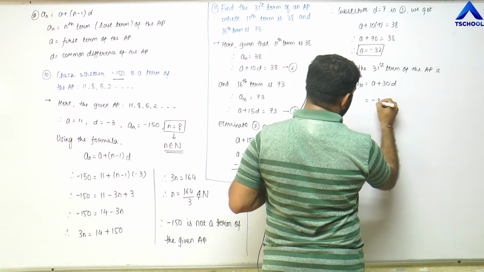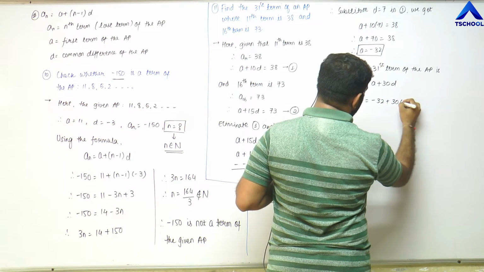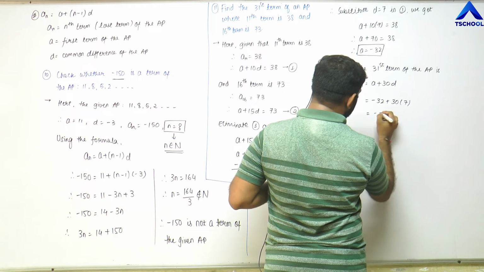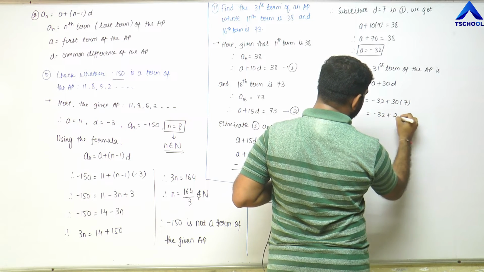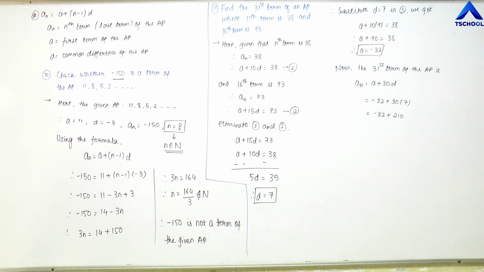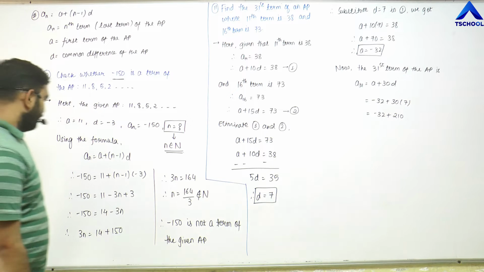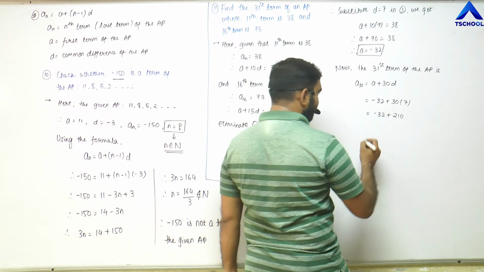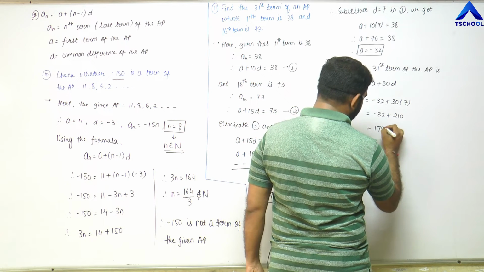That is minus 32 plus 30 into 7, that is minus 32 plus 210, right? We add 210 and subtract 32 from it, so that we will get 178, and that is equal to 178.